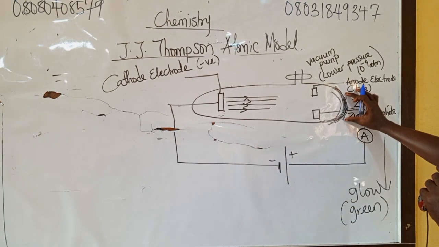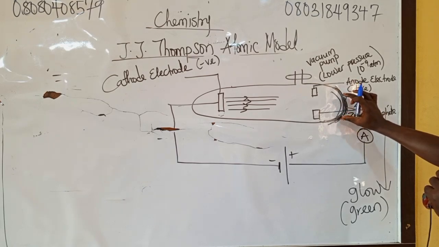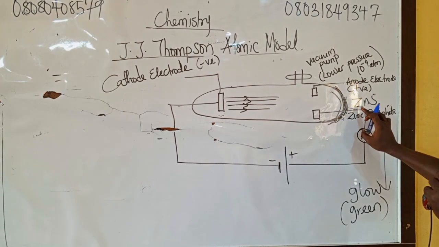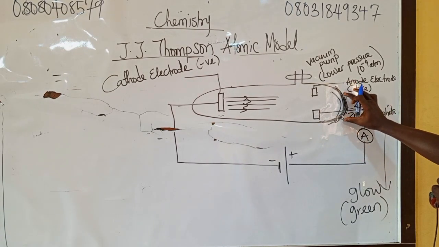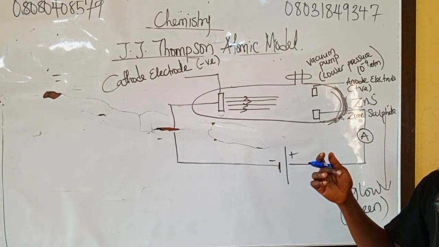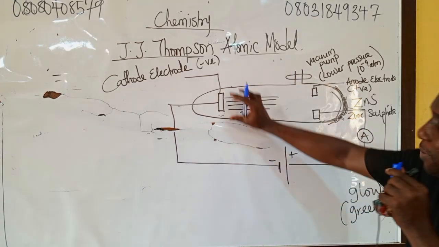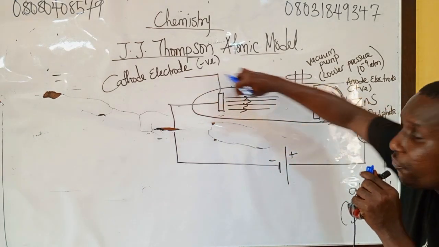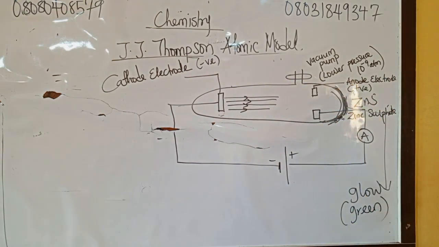When he observed the glowing of this screen, which is made up of what? Zinc sulfide. He concluded that a stream of particles is flowing from the cathode electrode towards this side.